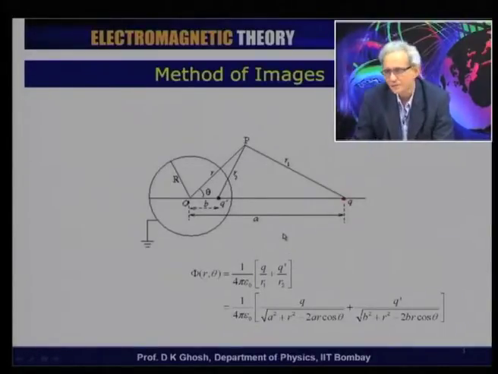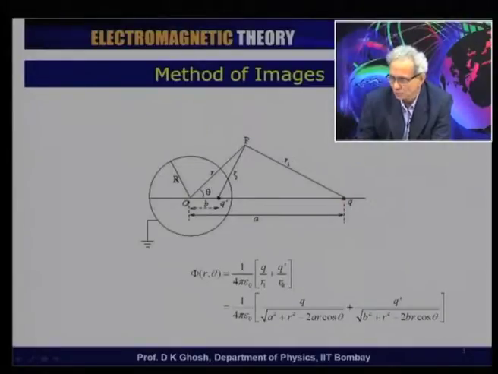Obviously, there is no phi dependence, and this is given by q by r1 plus q prime by r2. Since r1 and r2 are positive quantities, q and q prime must have opposite sign. And we wrote down r1 and r2 in terms of a or b, the radius capital R of the sphere, and the angle theta.